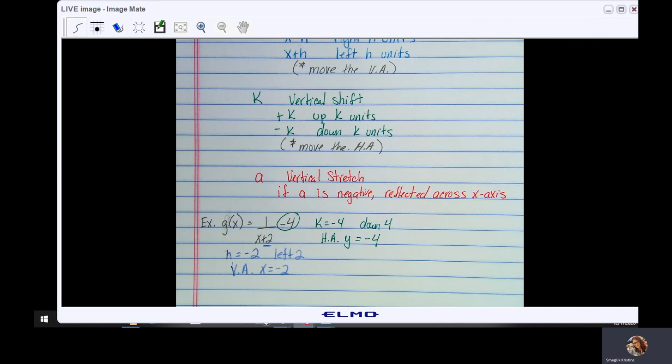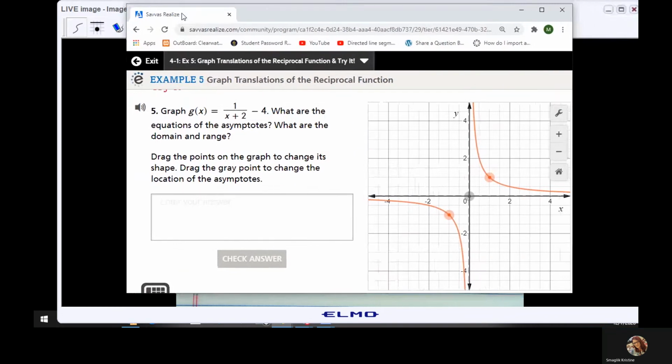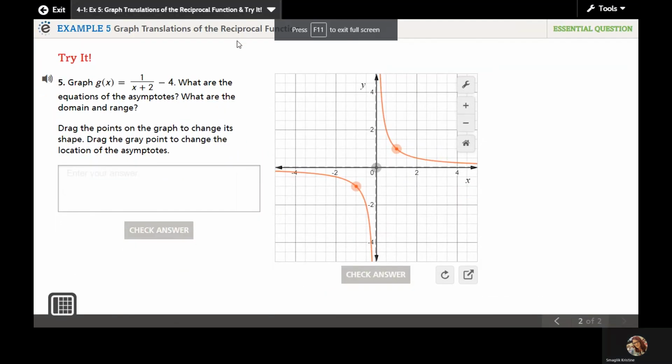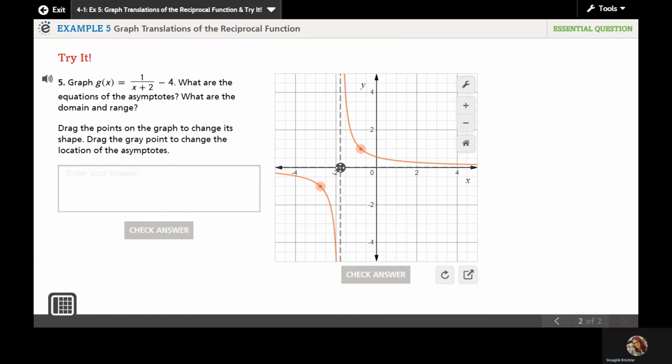Let's take a look at what this does. I'm going to pull up Savas. Here is the try it that we're looking at. So what you're doing is you're just grabbing your vertical asymptote. We said we were shifting left 2, left 2.